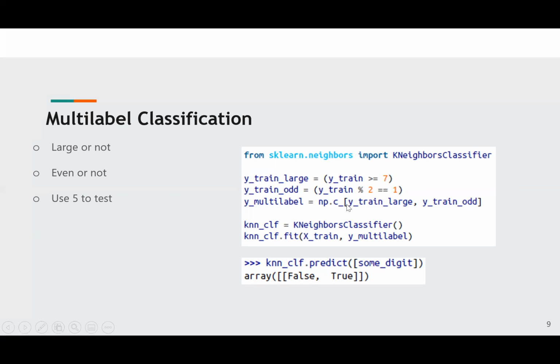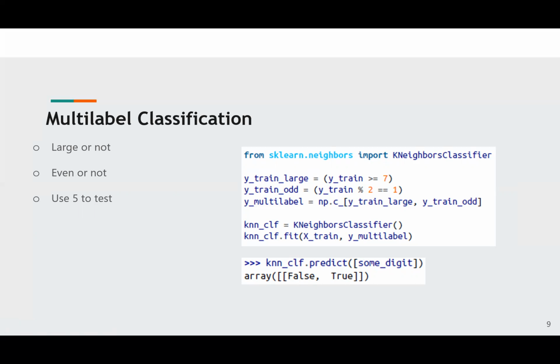Then for the ones that have those two labels, you can be large and odd, large and even, not large but odd, or not large and not odd. So you have a new multi-label that incorporates both y_train_large and y_train_odd.